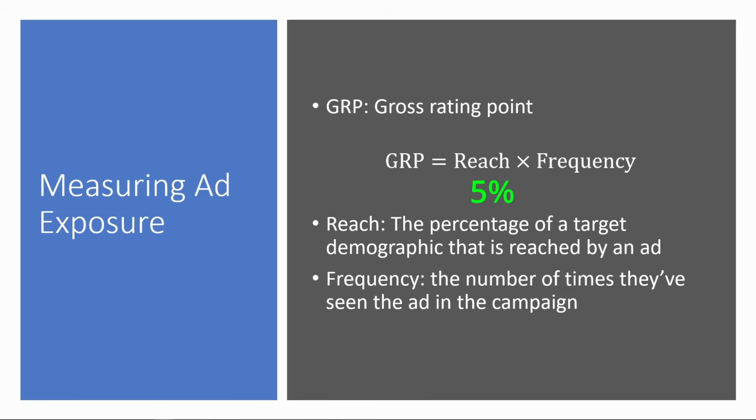And frequency is the number of times that these people have seen the ads in your campaign. So the GRP would reflect the eyeballs that your ads have reached. It measures more or less the number of people that have seen your ad times the number of times they have seen your ad.